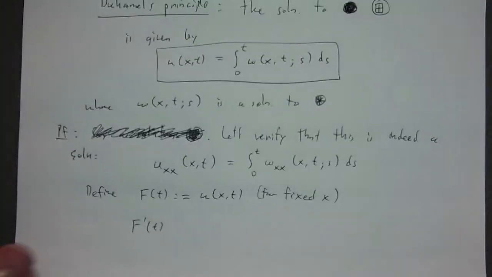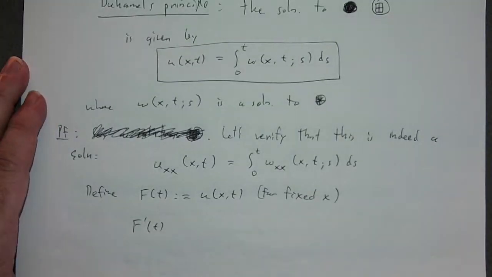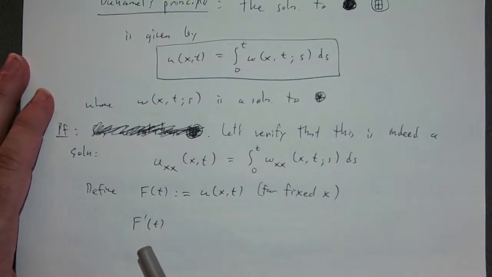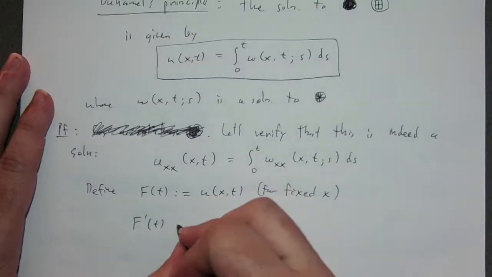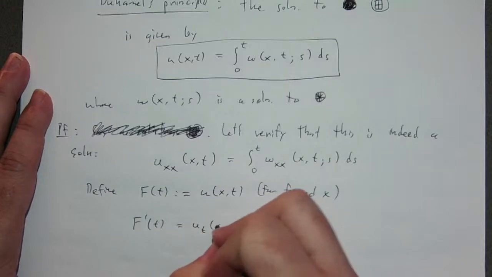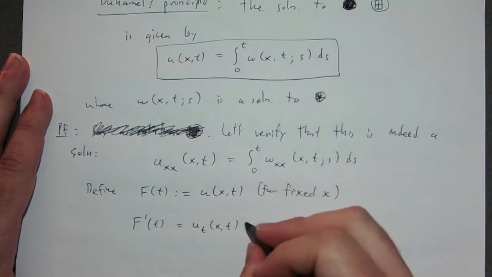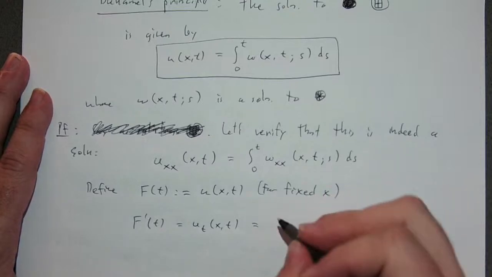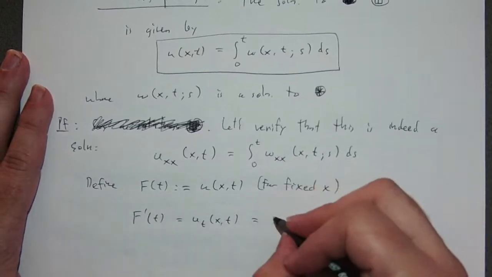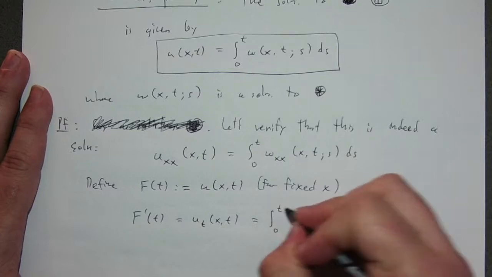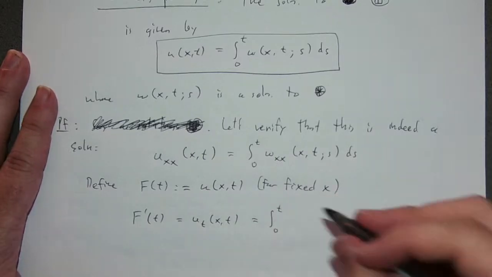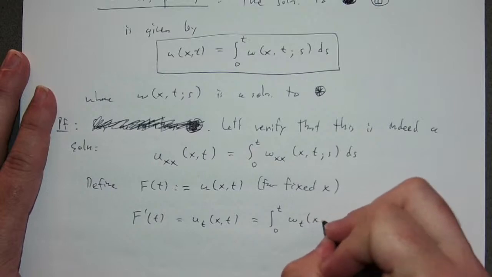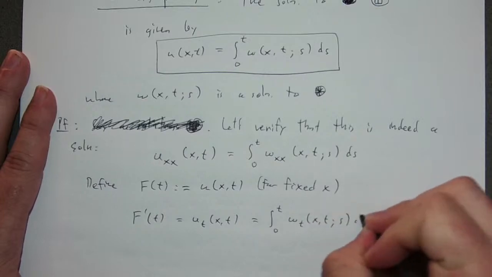So with those two theorems in hand, I can immediately say that this big F prime, this is really u sub t (x,t), which is the integral from 0 to t of w sub t (x,t,s) ds.